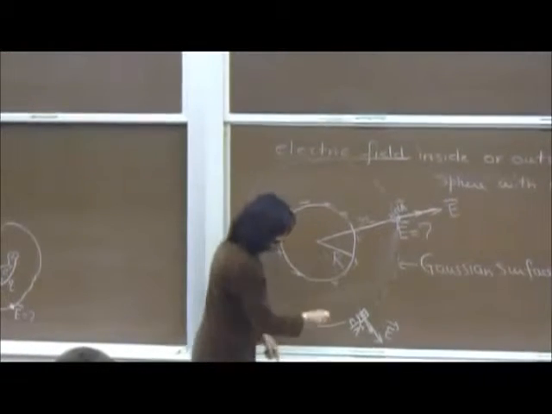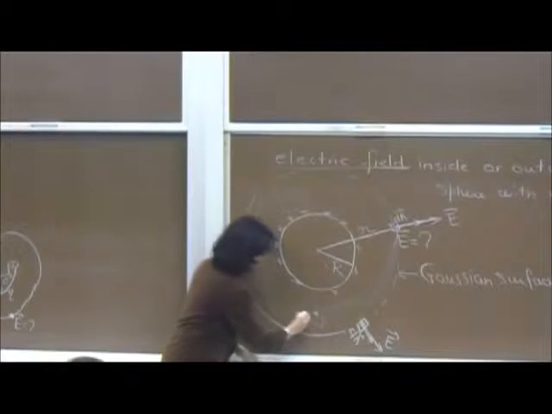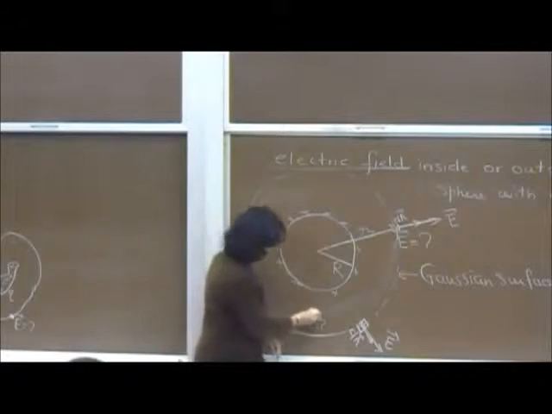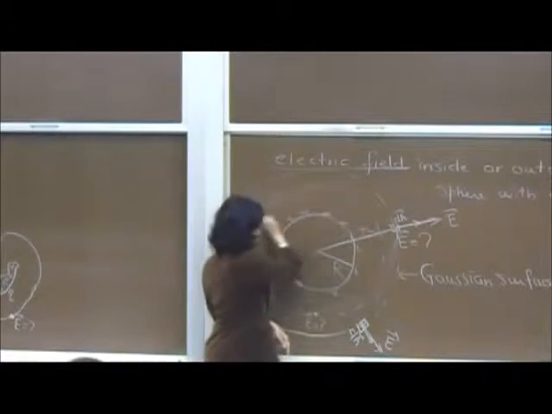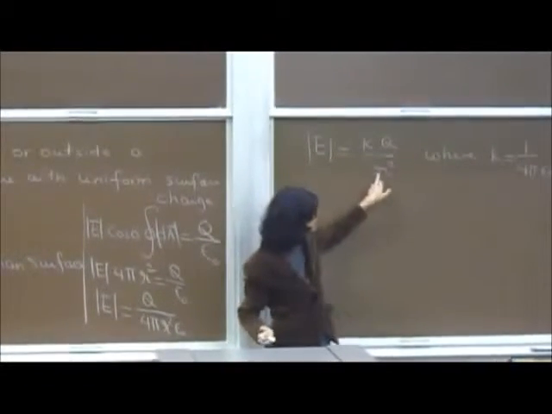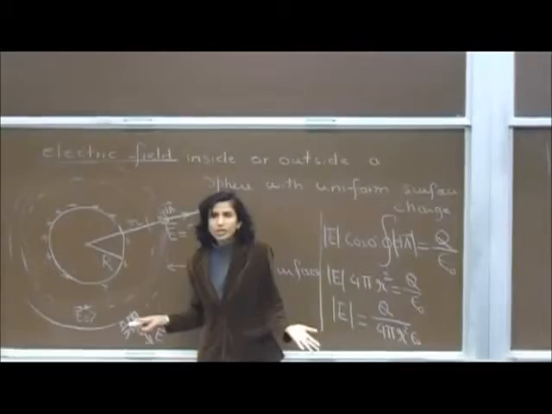If you had asked me to tell you the electric field at this point due to this sphere of charge, what would I have done? Should I have chosen a Gaussian sphere passing through this point? Sure. Will I have used the same logic to come to this conclusion? The only difference is this r here is going to be this distance r, right? But the same logic applies.